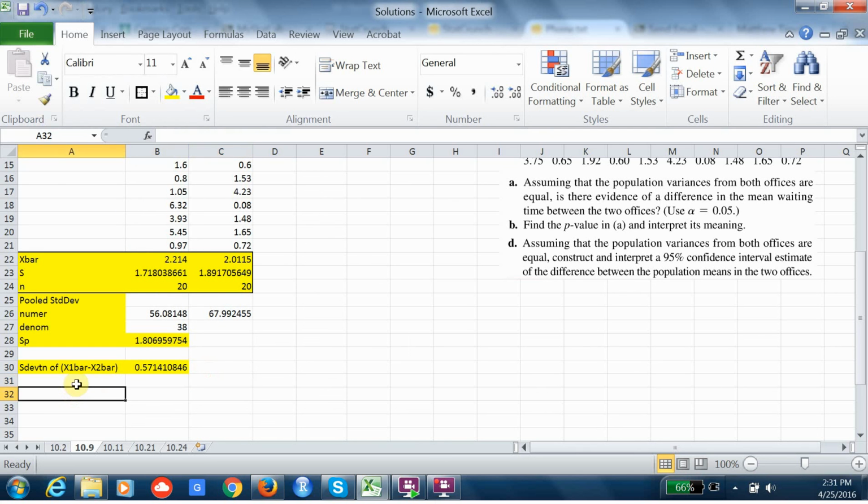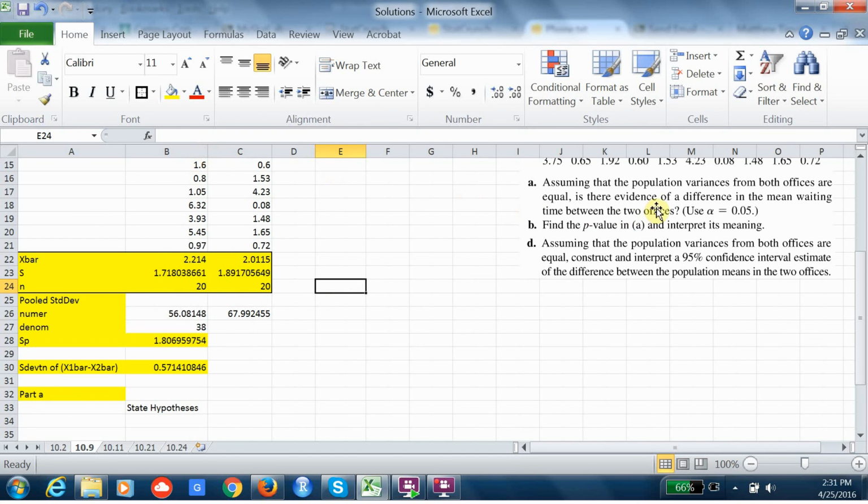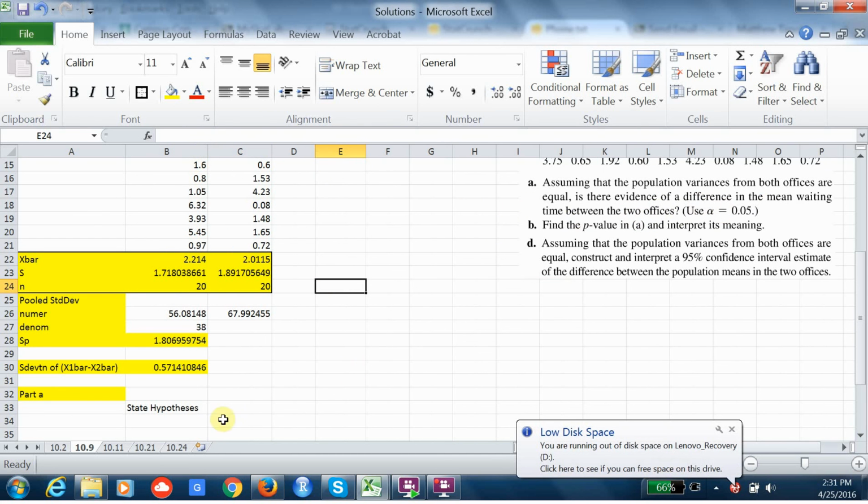Okay, so let's do the hypothesis test. We have everything we need for all the different parts of the problem now. We're all set up. Okay, so first we're going to do the hypothesis test, so we have to state our hypotheses. And we notice that we're looking to see if the difference in the means are different. Is there a difference in the mean waiting time between the two offices?